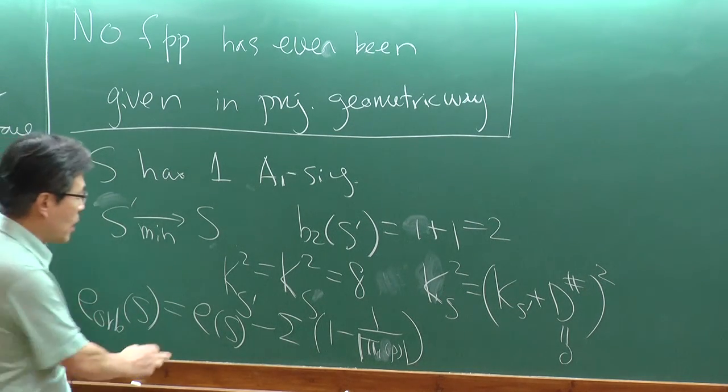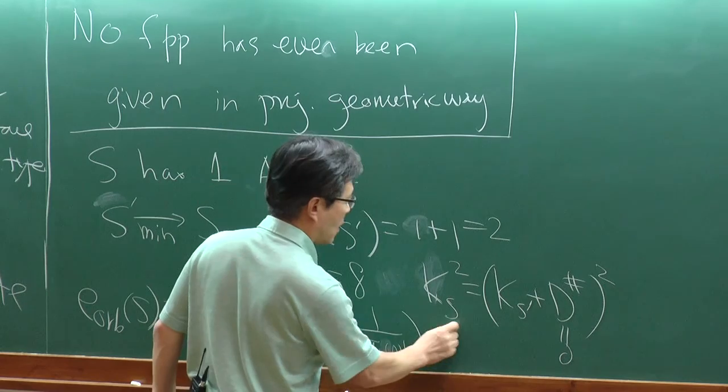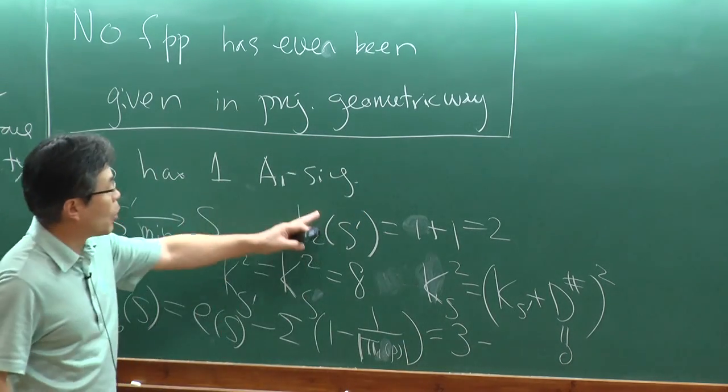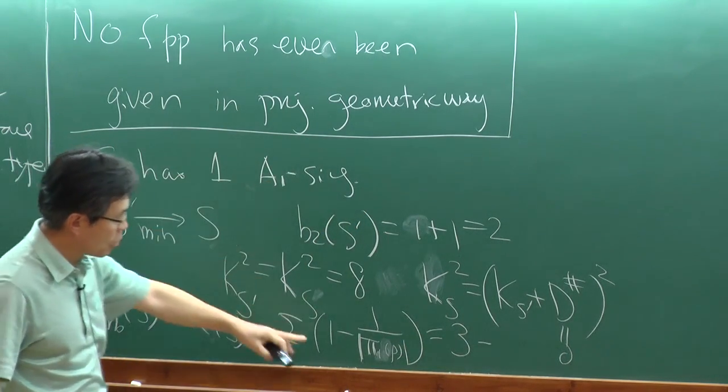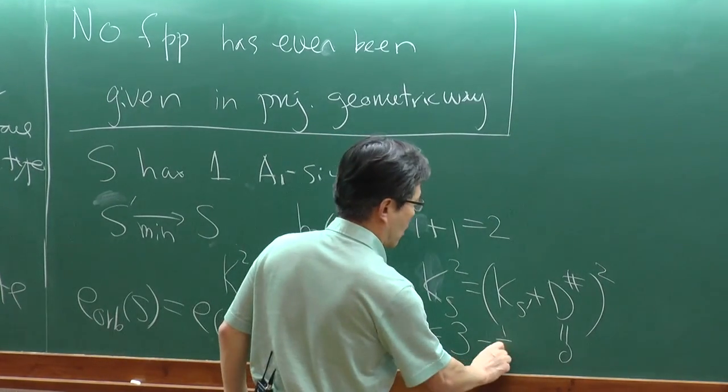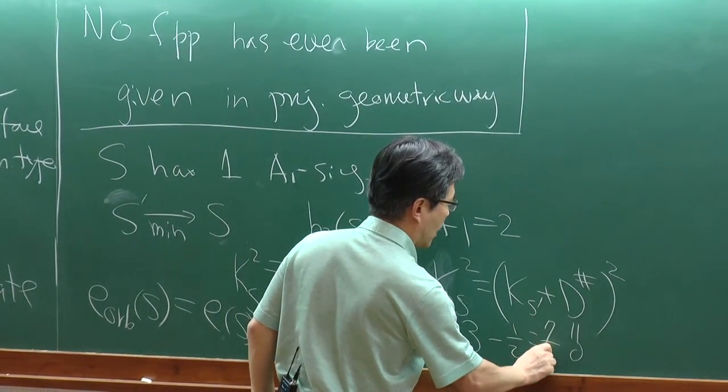So in this case, you see this Euler number is 3. And we have only one quotient singularity of order 2, so this is 1/2. This is 7/2.